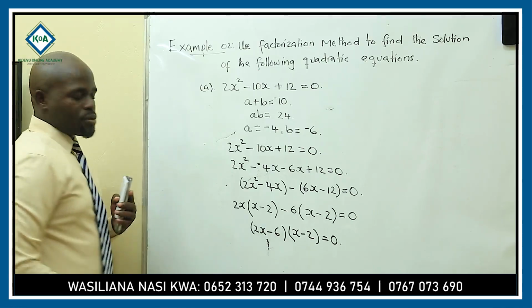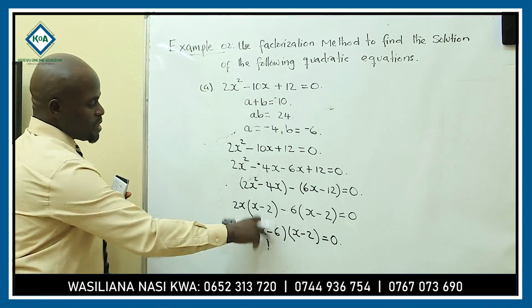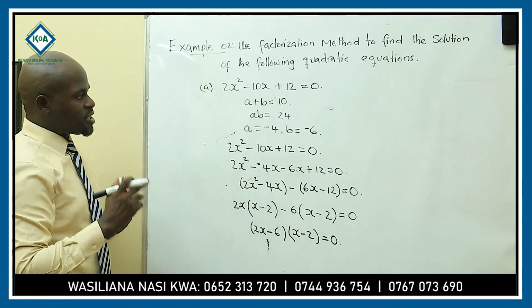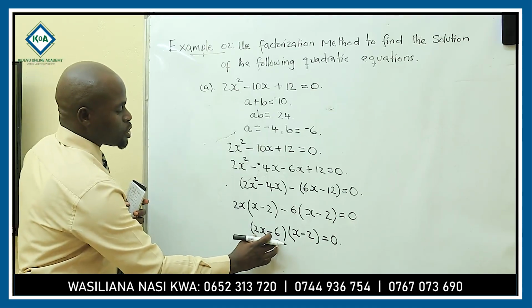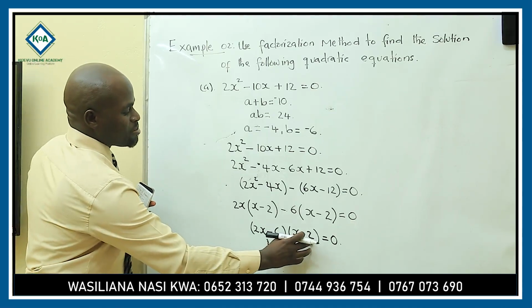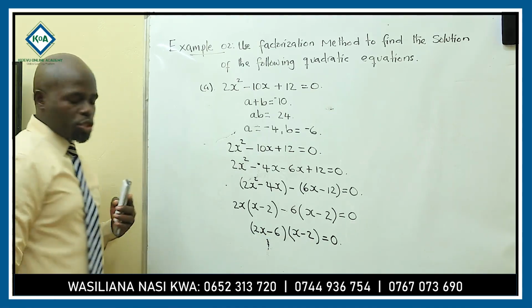Now, this is the first step. The first step, if you remember, is to find the factors. The factors are 2x minus 6 and x minus 2. If you multiply these two factors, the answer is 0.